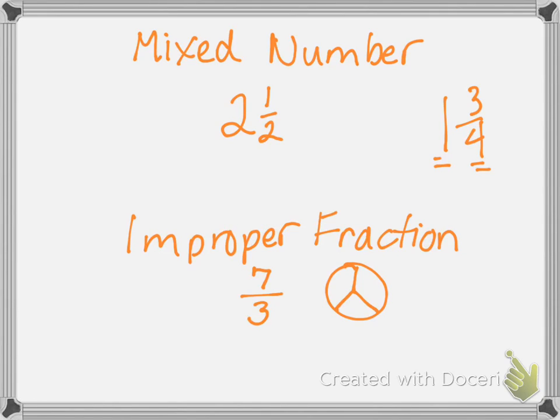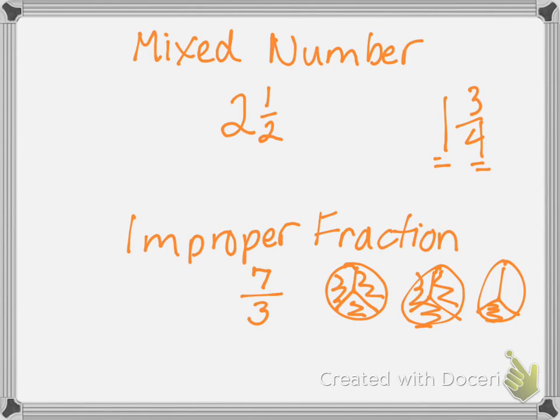Well, if we have 7 of those, here's 1, 2, 3, that's obviously going to be more than one whole, because I just colored in a whole and I've only colored in 3 of them, and I need to color in 7. So then we would do this. There's 6, break it into 3, and then there's 1 more, that's 7. So right away we can see what this would be as a mixed number. It would be 2 and 1/3.